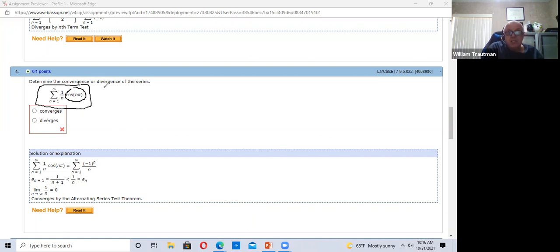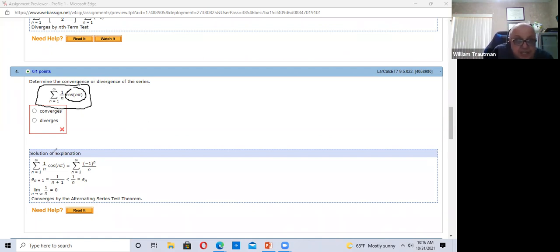If you look at a unit circle and you're looking at pi and cosine, at 0 or 2 pi, cosine is 1, but at pi, it's -1. So it alternates there.